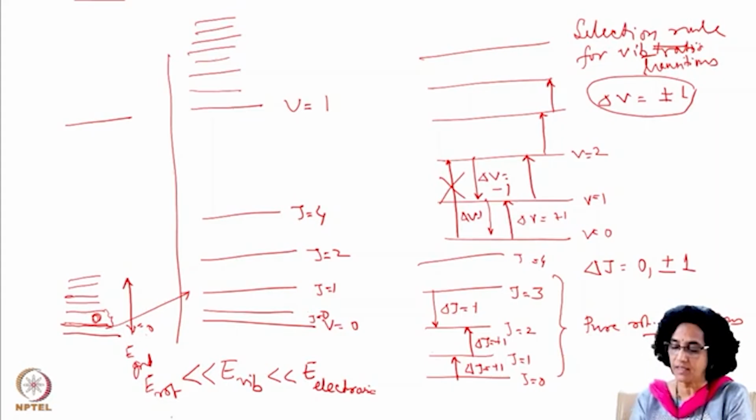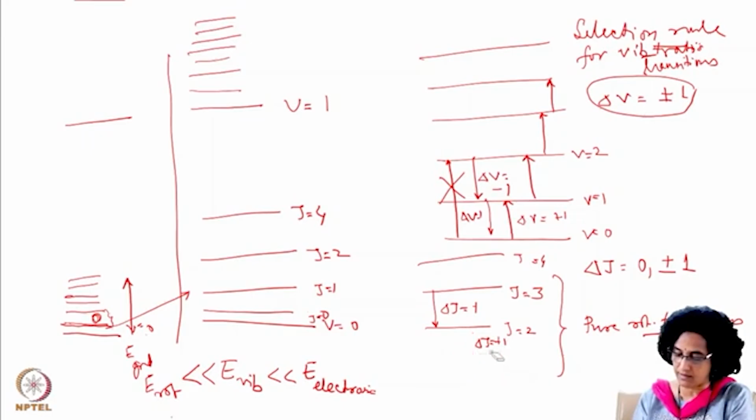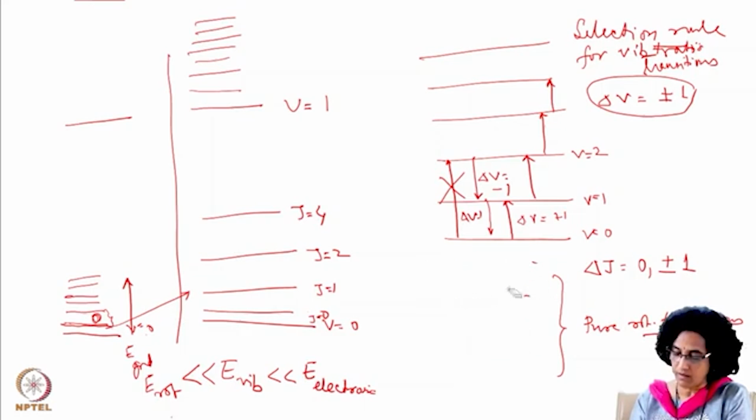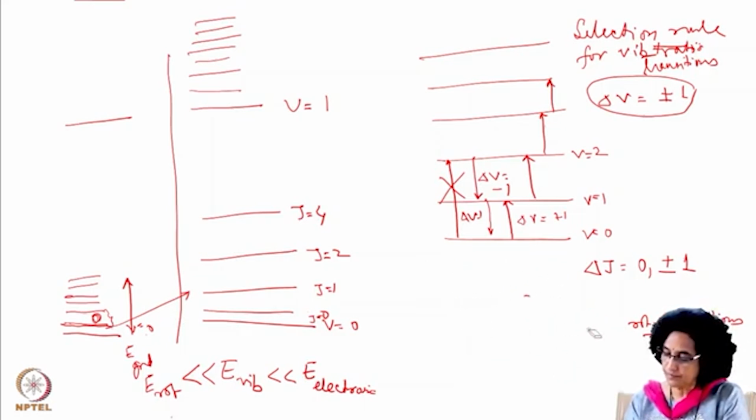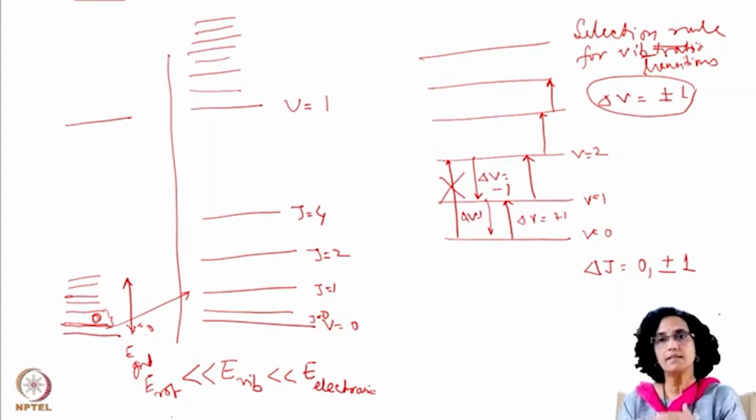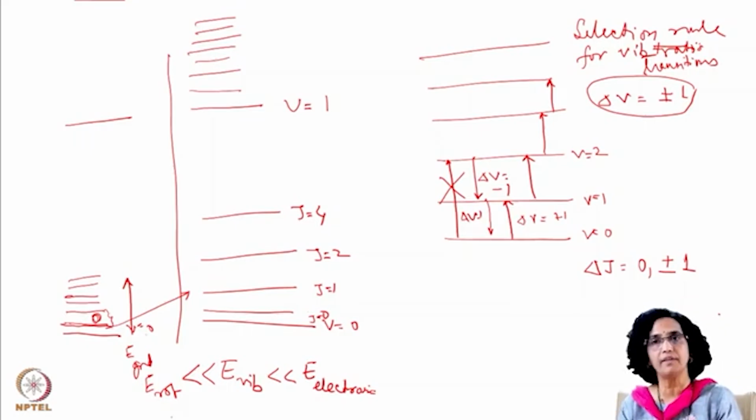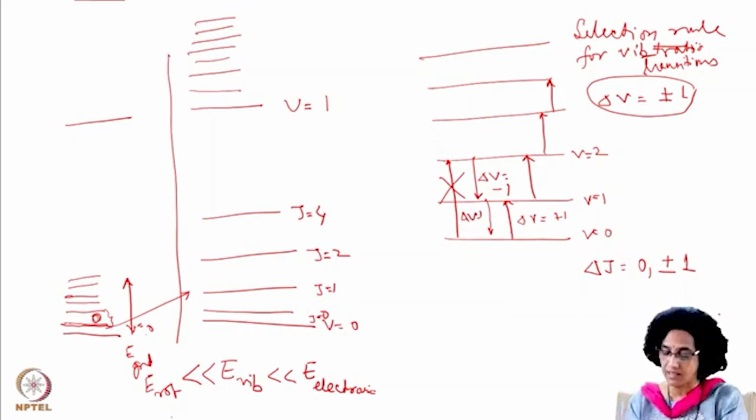Now let us consider that rotational transitions need not be in the same vibrational level. They can be between two vibrational levels also.